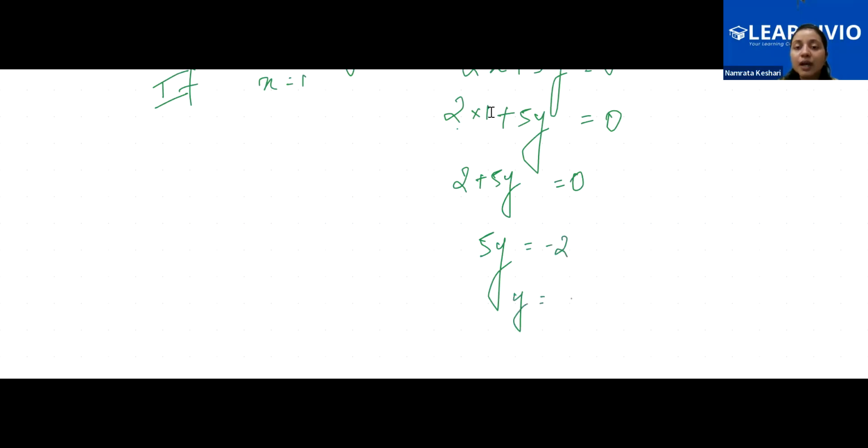It will be 0 minus 2 this time. Yes or no? Yes, ma'am. So on the other side we have -2, divided by 5. This is one of the solutions. When we take 1 randomly as x, y comes out as -2 by 5, and it is one of the solutions.